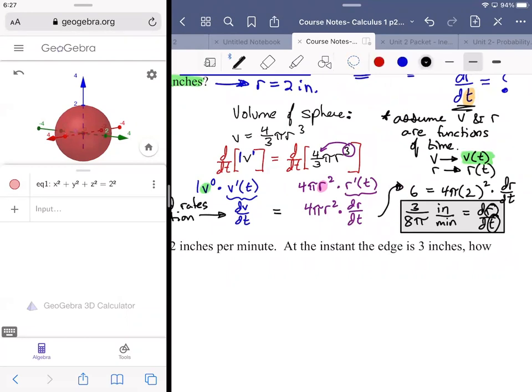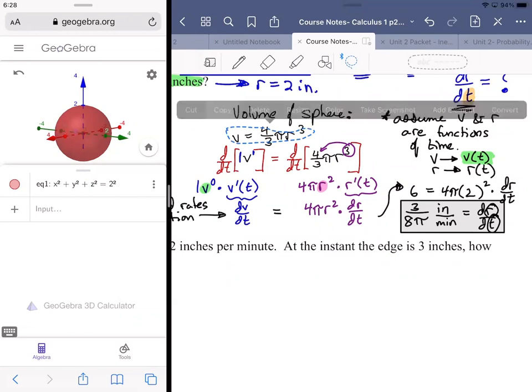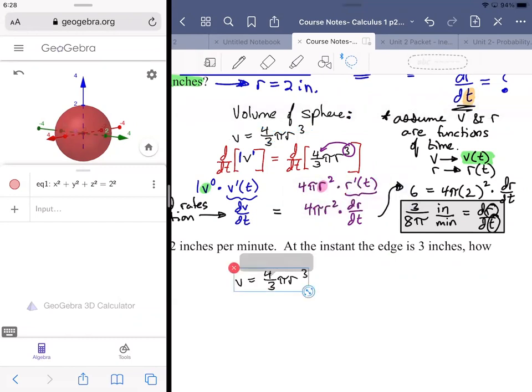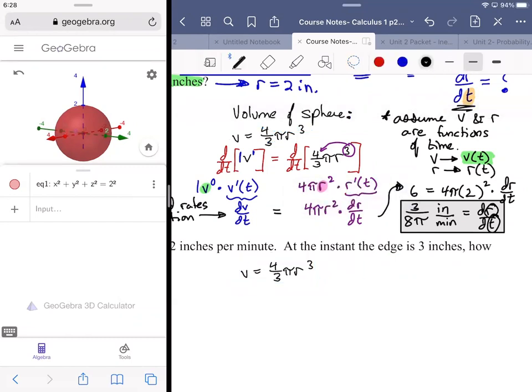All right. So when we started off with this formula, we had volume in cubic inches. So I'm going to throw in all the units here. We had r in inches.